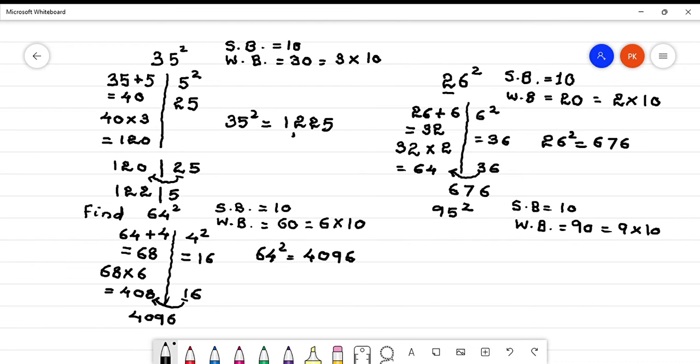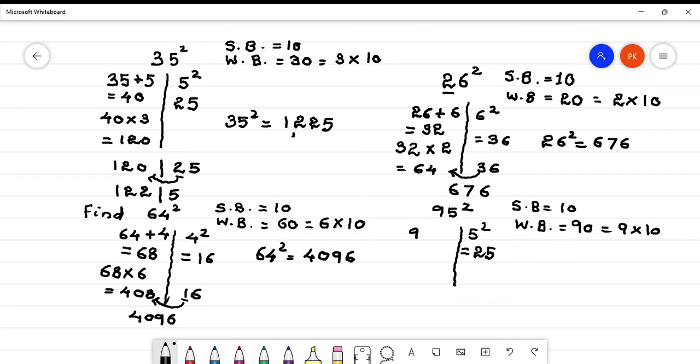Okay, so tell me the first step. Yes, on the right hand side of the partition, what I'll do? Square 5. So first step is on the right hand side, 5 square, that is 25.